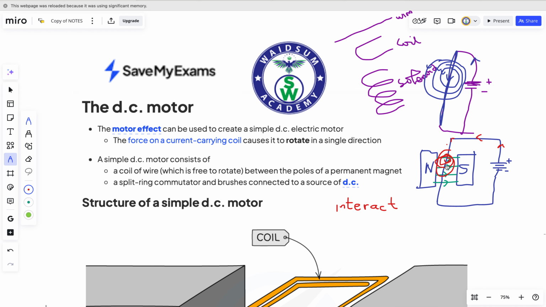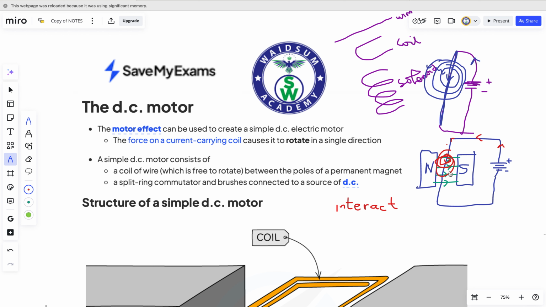Your first finger is the direction of the magnetic field from the North Pole to the South Pole. Your second finger is the direction of the current, meaning current is flowing down in this case. If you arrange the polarity like this, the north is this way, the south is this way. But if you change the polarity, the direction of the force will change.